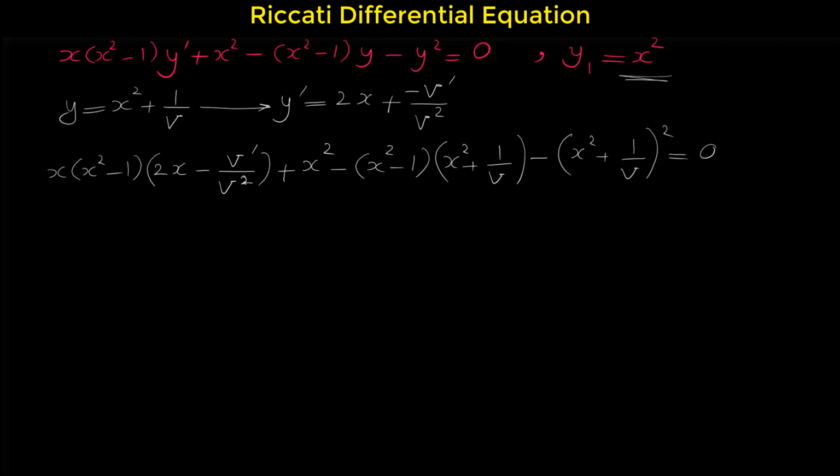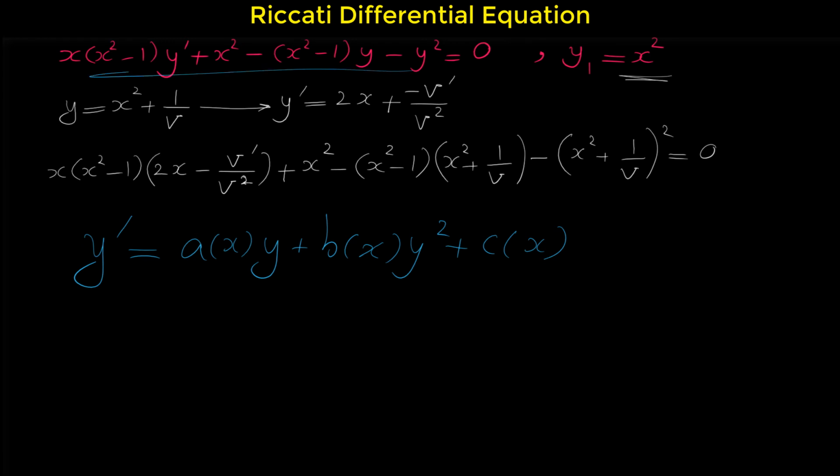As you can see, compared to our previous examples, this is a bit harder question. If you want to compare this equation with the standard form of a Riccati equation, note that the general form is a of x times y plus b of x times y squared plus c of x. So if you want to convert this to this form, first you have to move all of these terms to the other side and then divide.